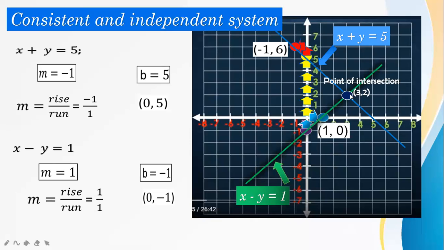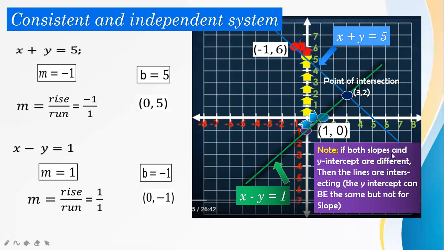So we have point of intersection, we have 3 and +2. So therefore, this will be your solution set, or the solution of this graph, or of this example. So we have point of intersection. So we have 3, then 2. So this will be your solution.